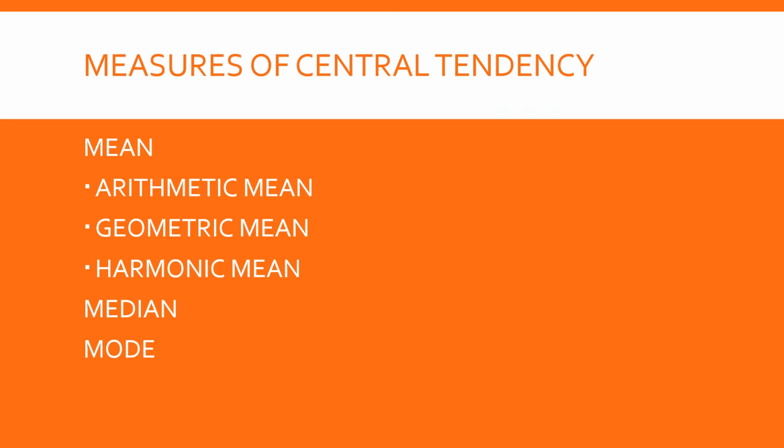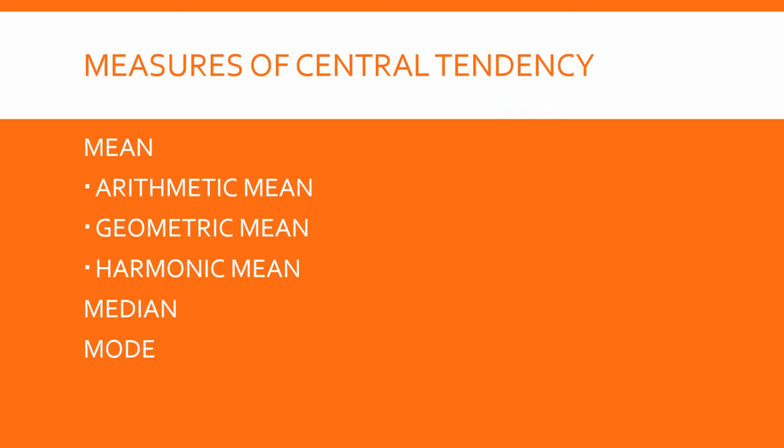These measures are often called averages. So, plainly speaking, an average of a statistical series is the value of the variable which is representative of the entire distribution.